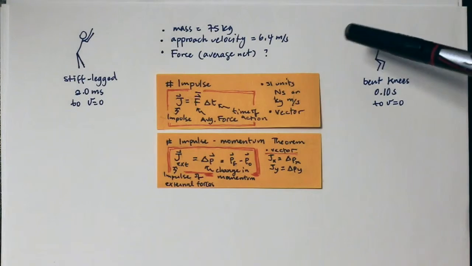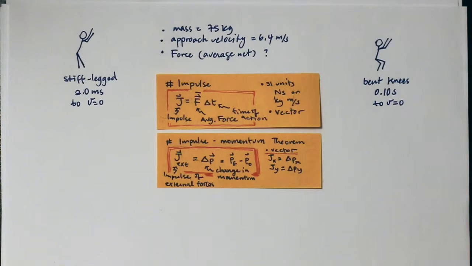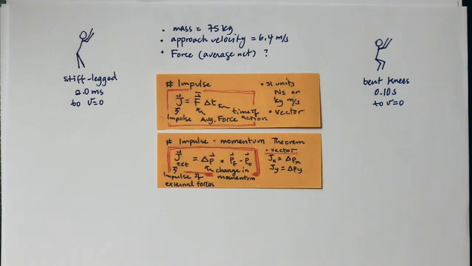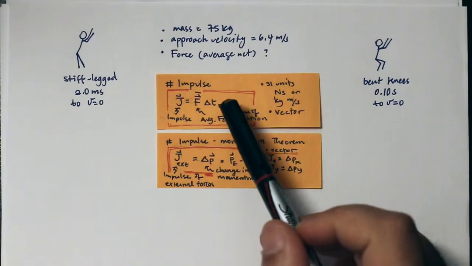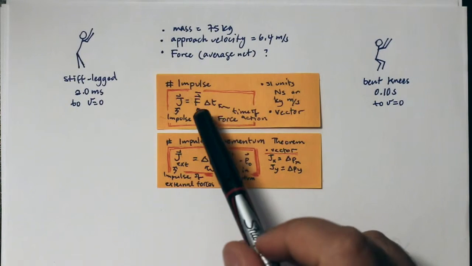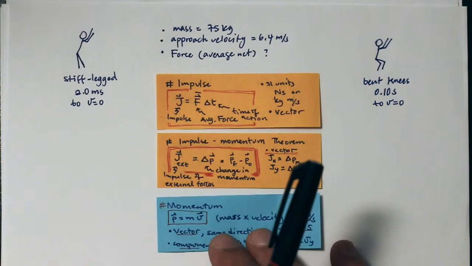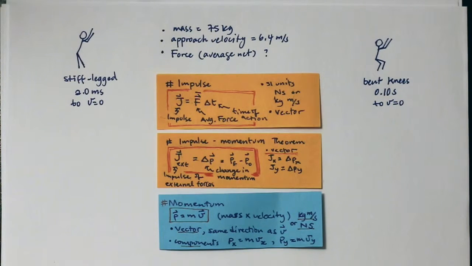In these two cases, the initial momentum is going to be the same, and the final momentum is also going to be the same, leading to exactly the same impulse in both cases. But what's going to make a difference is the amount of time that the force is acting to get that same exact impulse, and that's going to change the value of the force. So to find out the impulse, I'm going to need to calculate the momentum, and I know the momentum is going to be mass times velocity.